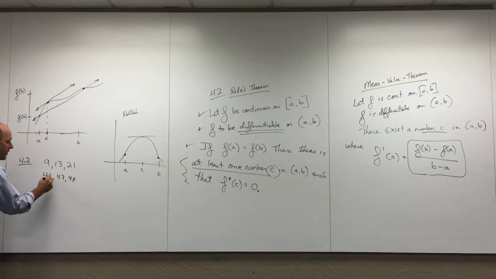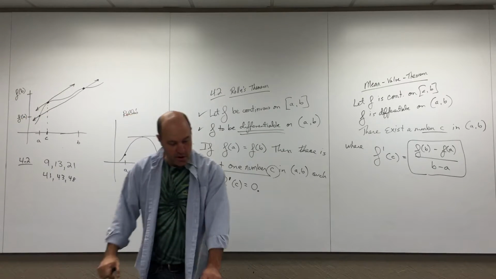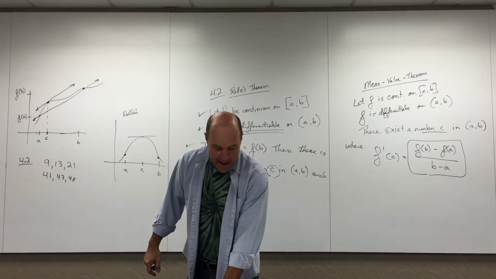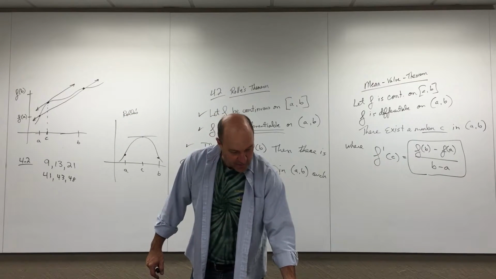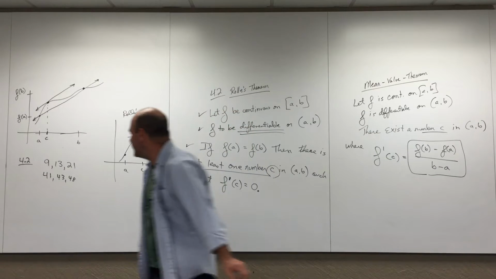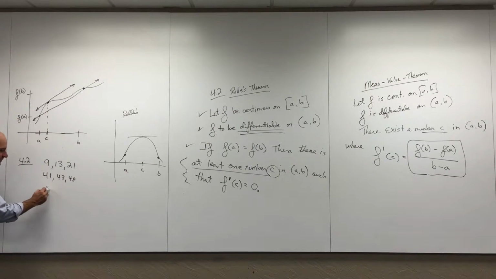You could try those, and maybe I could help you with them if you're having trouble. 59 I also thought looked good, and maybe 68 for a challenge. I'll let you try those.